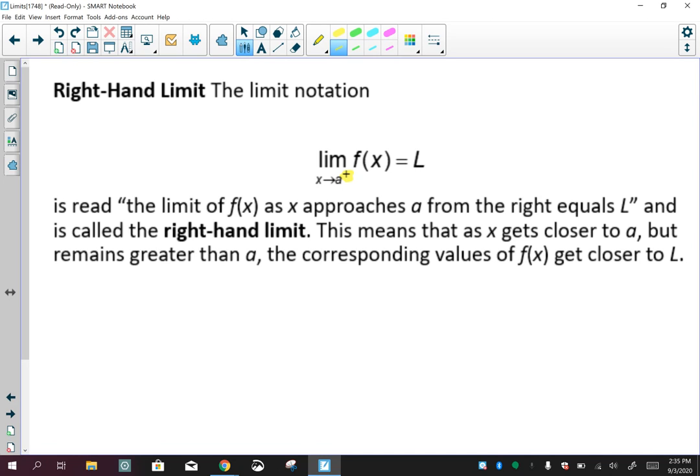It's up in the air like a superscript, and it's telling you, hey, we're looking at this number, but I only want to look at it from the left side, or I only want to look at it from the right side. Okay? So when you're looking at a one-sided limit, pay attention to the pluses and minuses. It's going to be huge going forward.